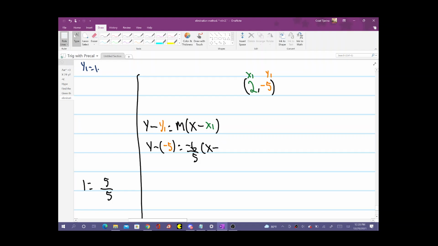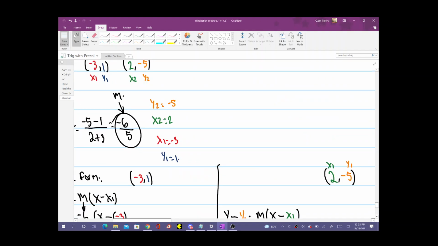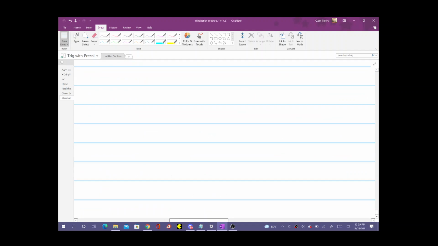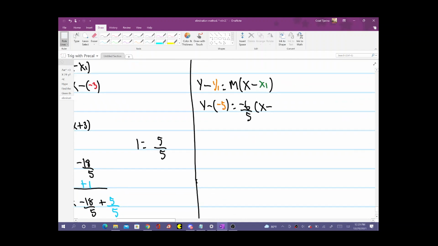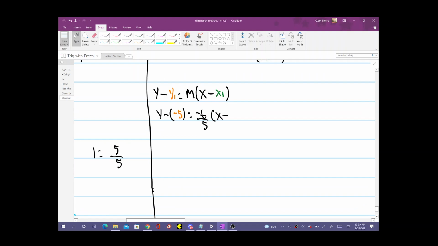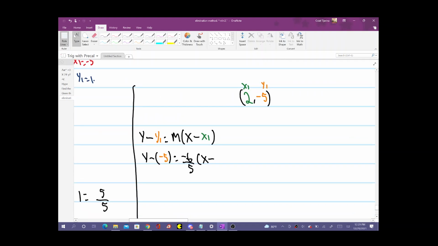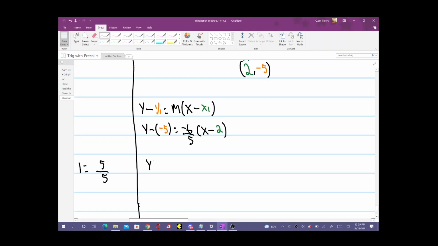So I'm going to put 2. So this becomes y minus negative 5 equals negative 6/5 x minus 12, or sorry, plus 12 over 5.